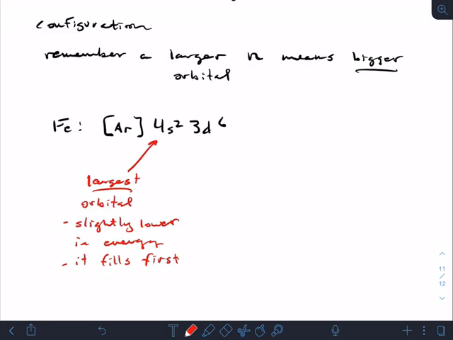That's why we get the 4s2 in front of the 3d in the electron configuration: it's slightly lower in energy and fills first, but it's the largest shell.